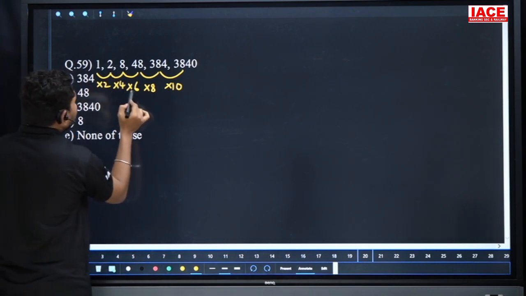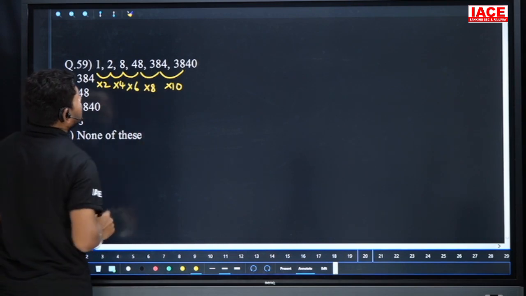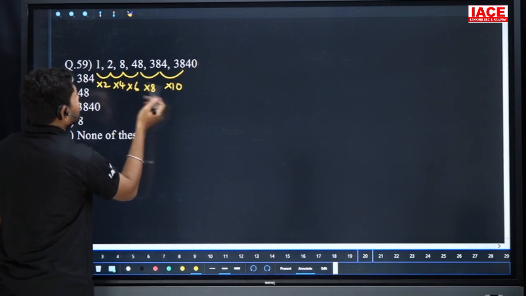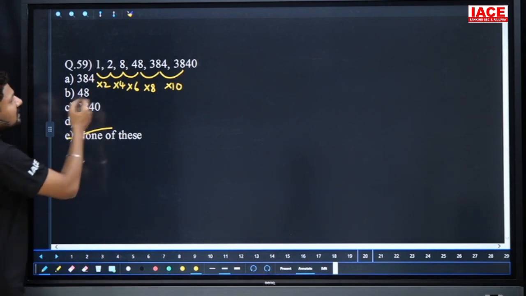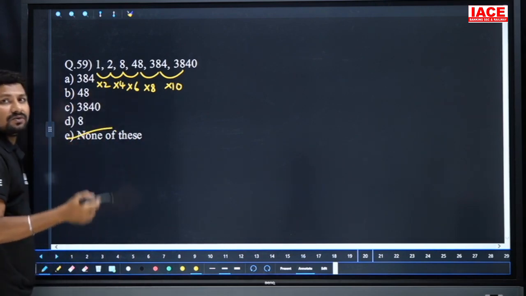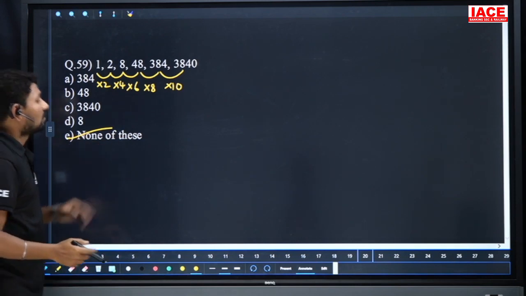Look at 8 6 are 48, 48 8 are 384, it's getting, yes, so none of this is a wrong number. The series is just multiplying with an even series, into 2 into 4 into 6 into 8 into 10, none of these, that means no number is wrong.